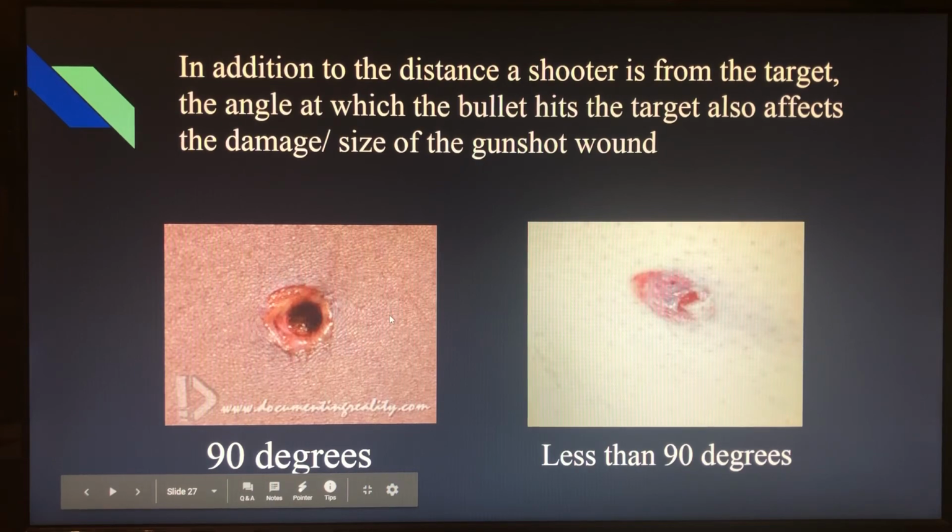Whereas if you fire the same exact bullet from the same distance, but hold the gun to the target at an angle less than 90, you're going to have a different outcome. So depending on the angle, you could potentially just graze the skin, kind of in this picture here, and you might not even penetrate the skin at all.